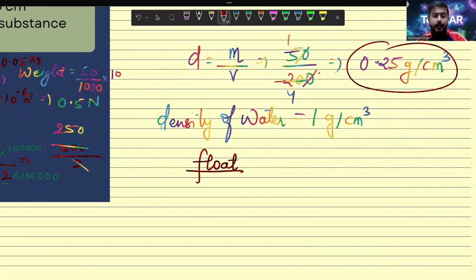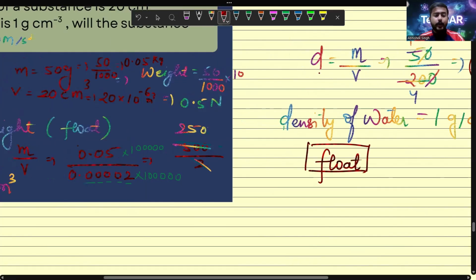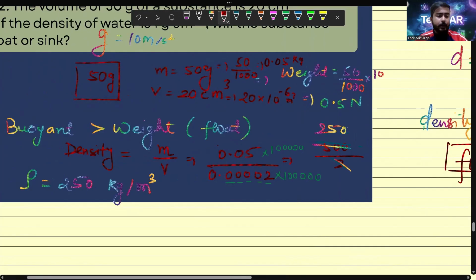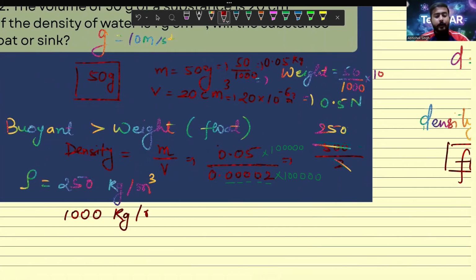Getting it? Also, in kg per meter cube, the density of water is 1000 kg per meter cube. So again, the density of the object is less. That's why it will float.